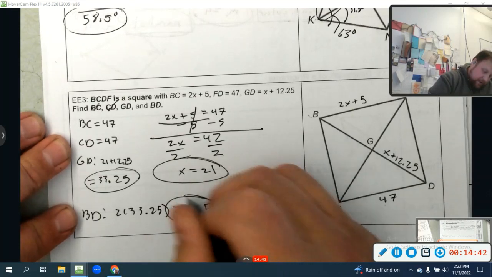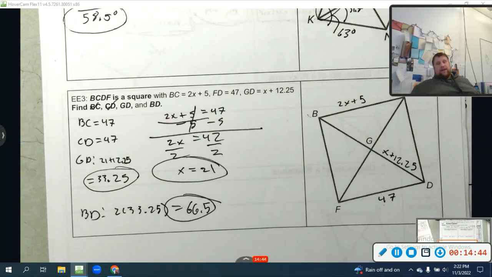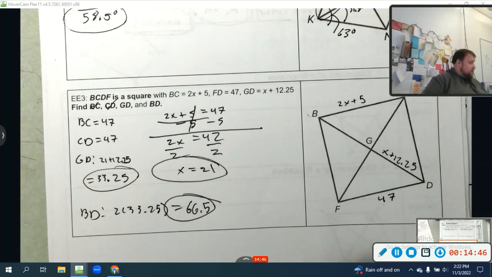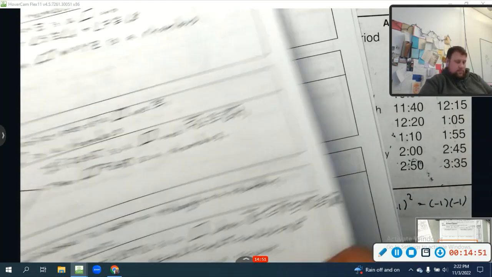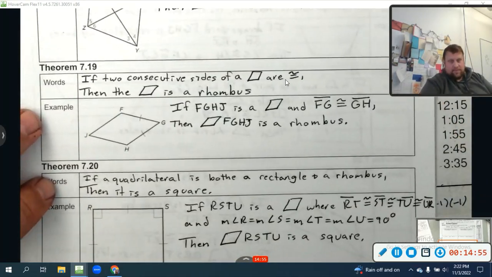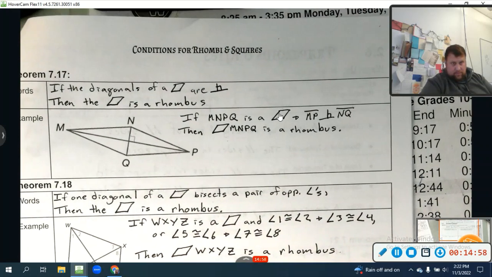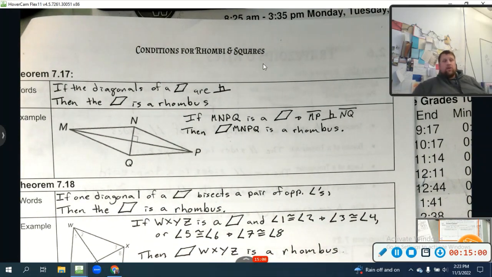All right. Last but not least, guys, we've got a little bit of writing left. Just going to scroll down through these. If the diagonals of a parallelogram are perpendicular, then the parallelogram is a rhombus.